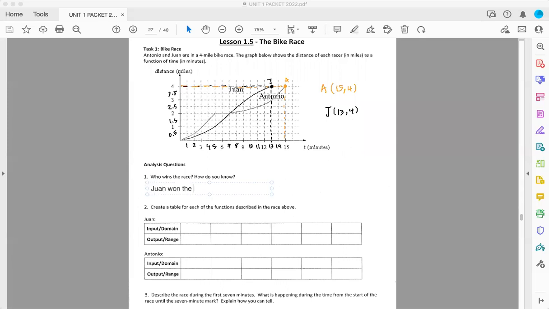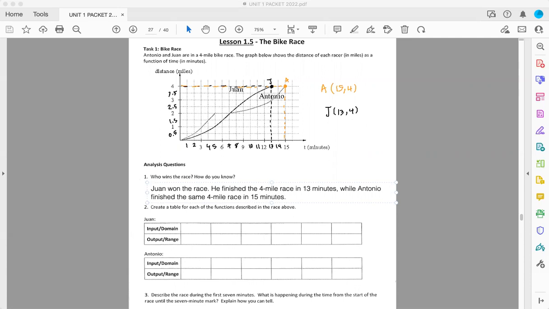So to put this in words, we can say Juan won the race, to answer the first part of the question. And then how do we know? Juan finished the 4-mile race, to be exact, in 13 minutes, while Antonio finished or completed the same 4-mile race in 15 minutes.